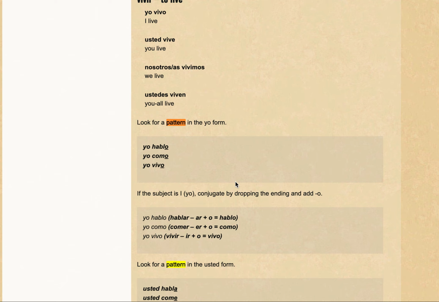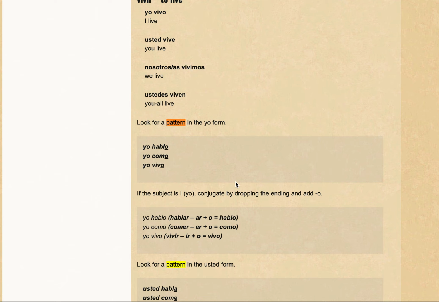So yo means I, and the other thing to remember would be the forms of the verbs, right? So in terms of talking, the verb is called hablar.